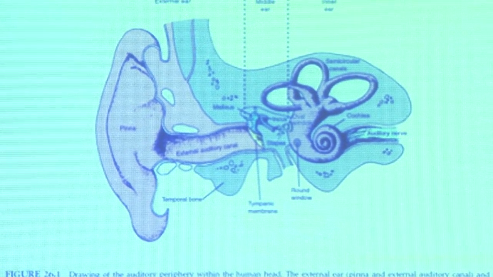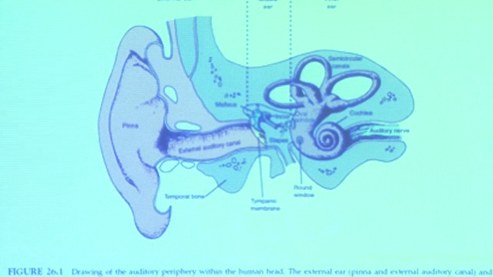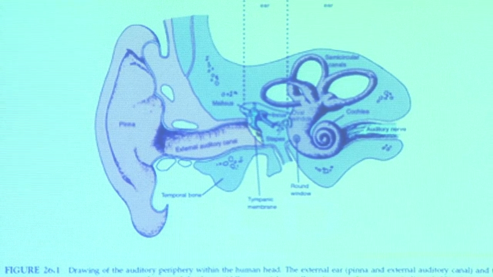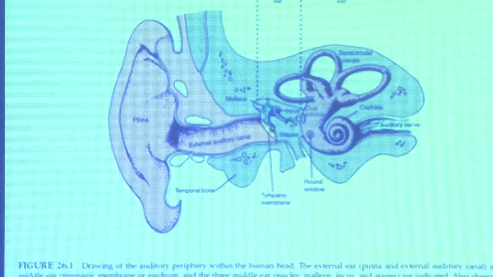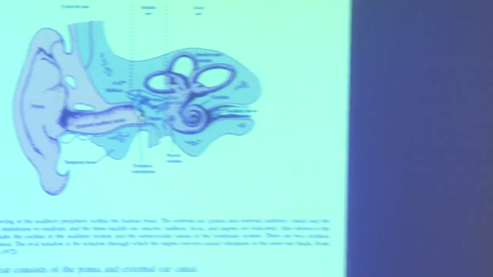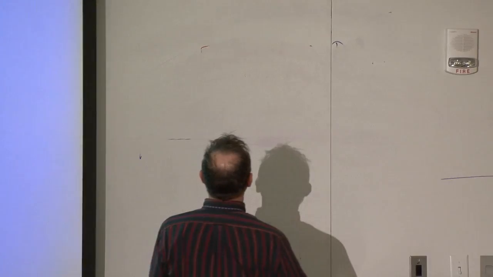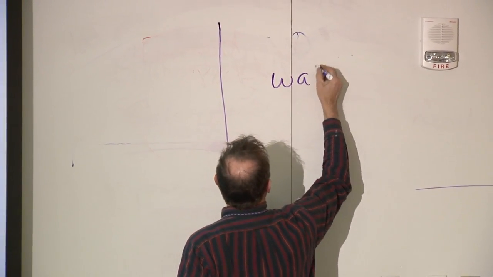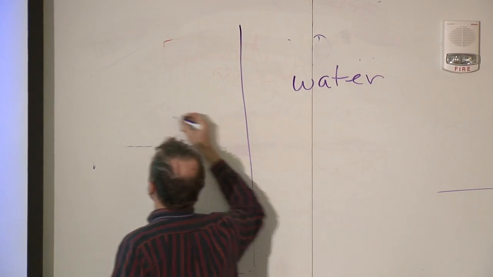Well, it turns out that if you look at the physical characteristics of sound in air, and you want to get that airborne sound to sound in water, a different medium. So this is fluid or water. This is air.